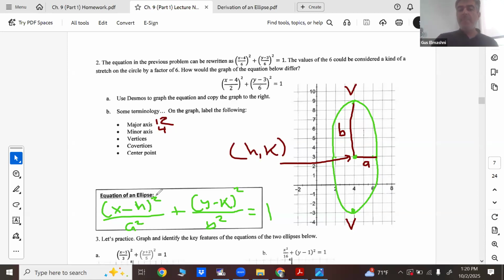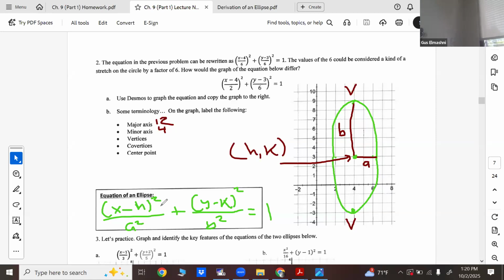The reason I did that, you'll see when we get to a later problem, because we're going to have to do completing the square with this. It's going to be easier to separate this out from the parentheses. Is that what you're asking? Then it would just be a. But when you distribute the square, it goes x minus 4 squared over a squared, y minus 2 squared over b squared.